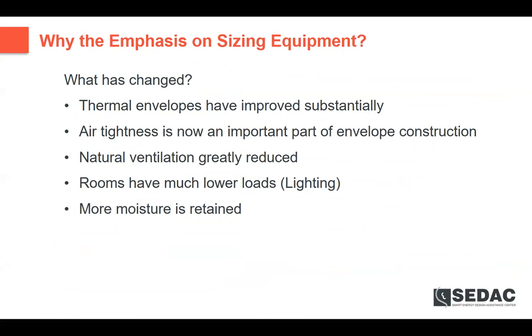Natural ventilation has been greatly reduced because our envelopes don't leak. We have lower loads on the inside, and moisture. The bottom one is very important. More moisture is retained. That's why, and Ryan will be talking about this in a moment, about ventilation. We've trapped that moisture that we're creating on the inside of the building in our tight buildings, and we need to get rid of that moisture or we can have some severe problems on the inside.